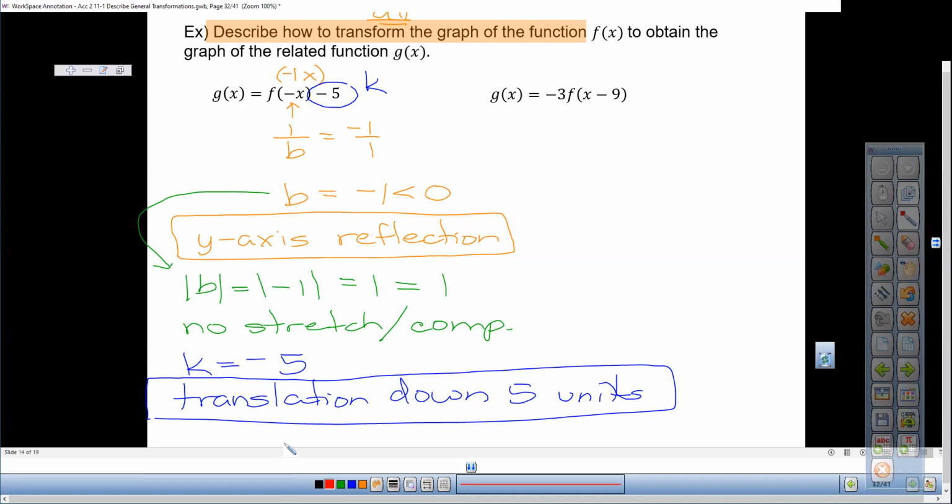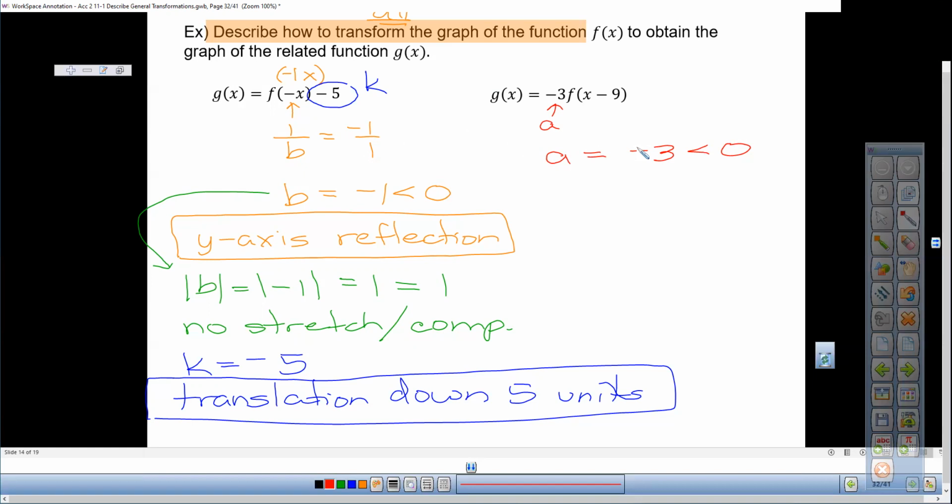All right, for the second example here, the first parameter we have is the -3. By its position in front of the parentheses, that tells us it must be A. So we do not do the reciprocal for this one. So our A is -3. Because it's negative, we do have a reflection.